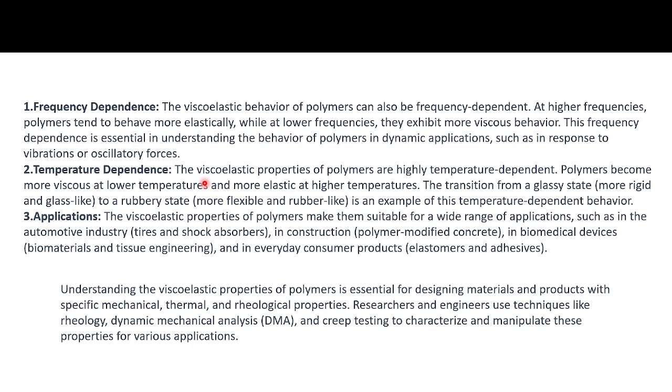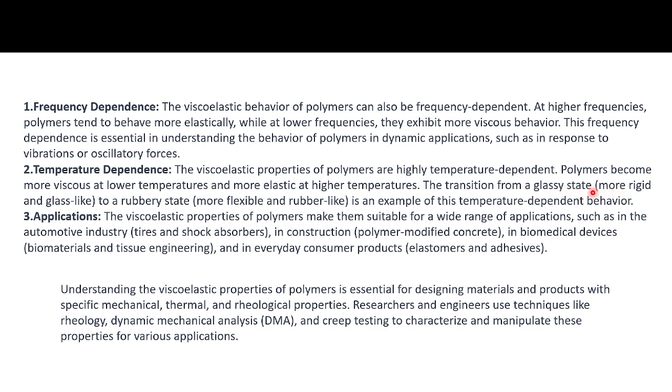Viscoelastic behavior is also temperature dependent. The viscoelastic properties of polymers are highly temperature dependent. Polymers become more viscous at lower temperature and more elastic at higher temperature. There is the transition from the glassy state to the more rubbery state. You know about the glassy state: below the Tg the polymers become brittle, and above the Tg the polymer becomes flexible.